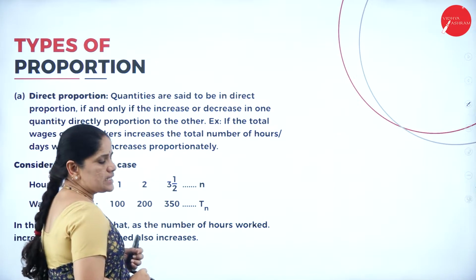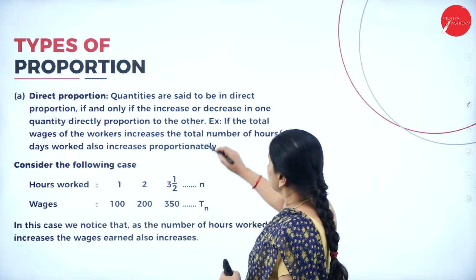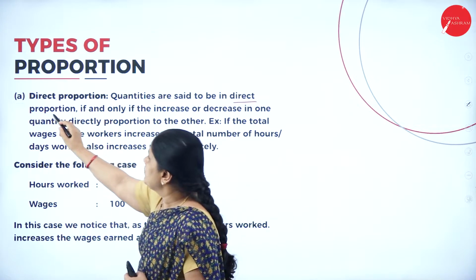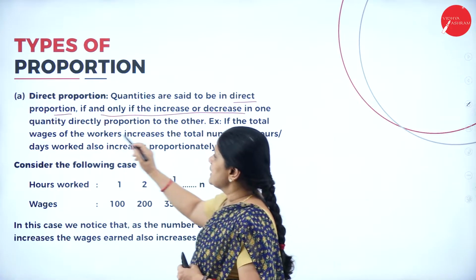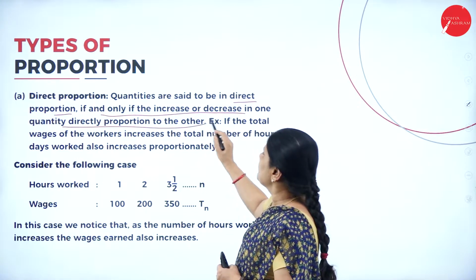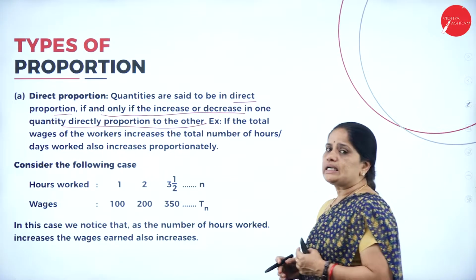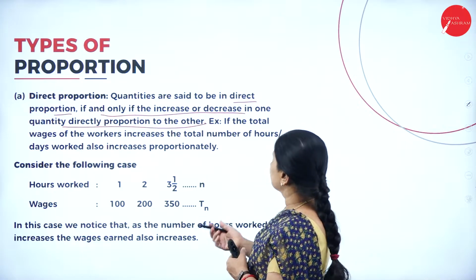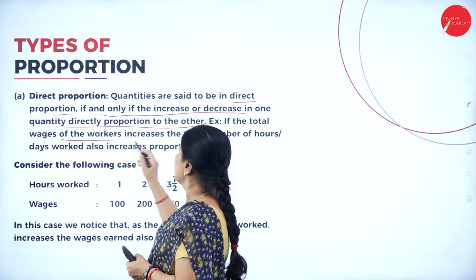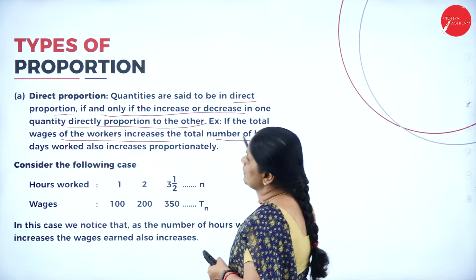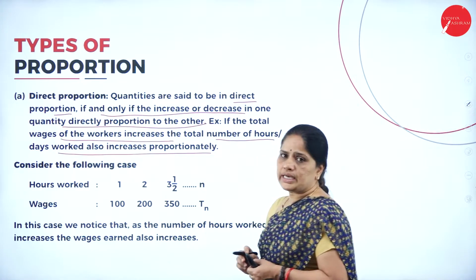Then, let us understand the meaning of direct proportion. Quantities are said to be in direct proportion if and only if the increase or decrease in one quantity is directly proportional to the other. For example, if the total wages of the workers increase, the total number of hours or days worked also increases proportionately.